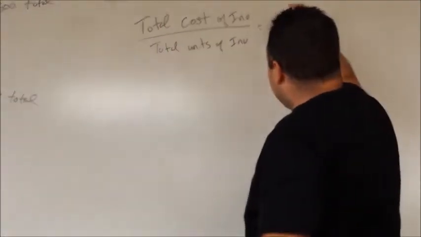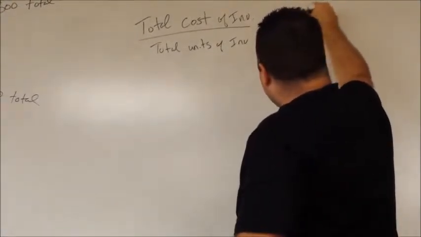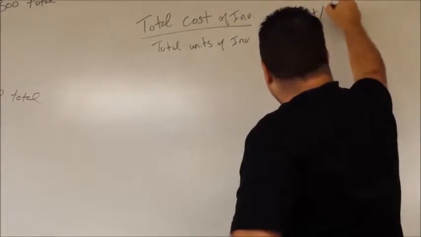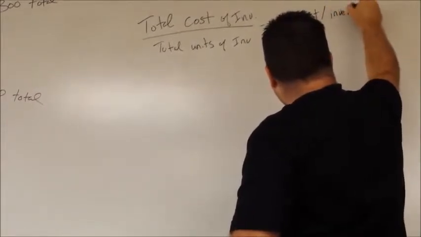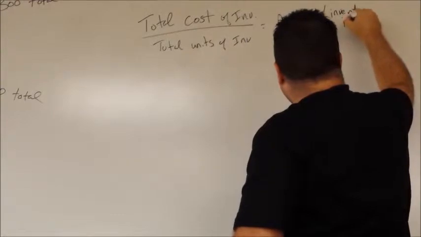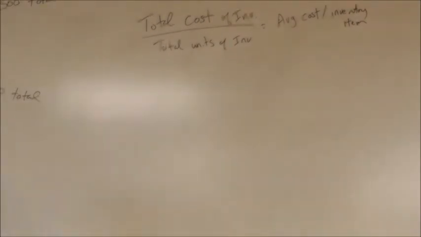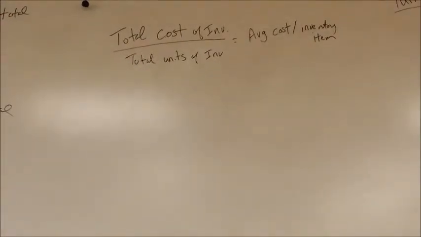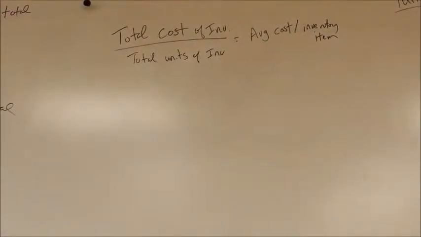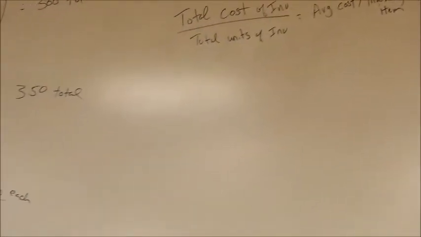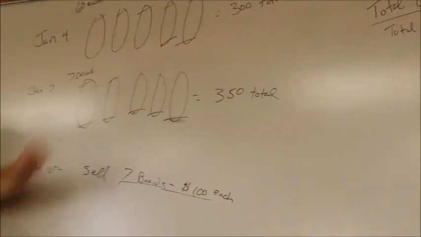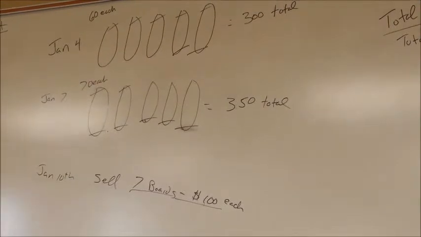And that equals the average cost per item, per inventory item. With this one, since I bought the exact same number each day, I bought 5 and I bought 5, it's going to come out real nice.